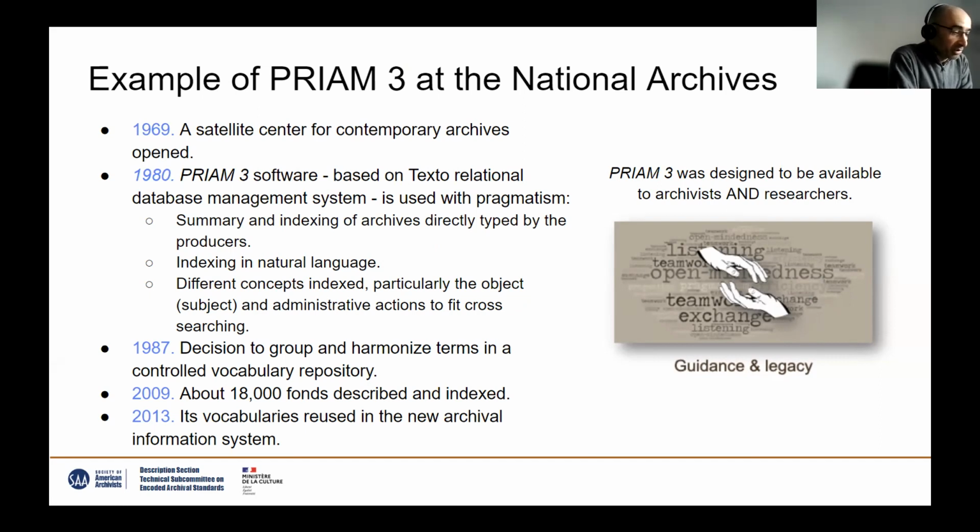The program was conducted with pragmatism and efficiently adjusted gradually to the evolving situation. The free indexing of the beginnings has been organized in the vocabulary. 3-and-3 vocabularies and finding aids have been merged into the archival information system, but the original database is still available on the National Archives website.